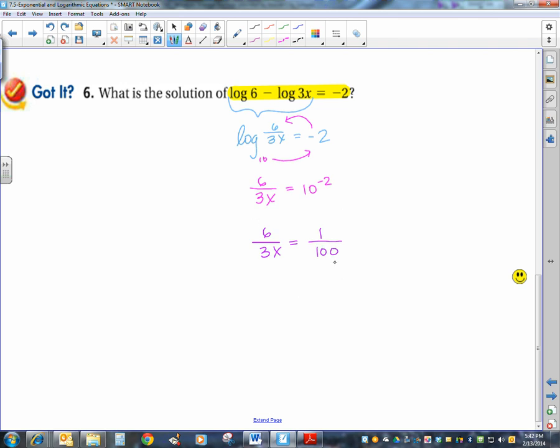So I have a proportion, I'm going to cross multiply, giving me 600 equals 3x, and divide both sides by 3, and we'll get an answer of x equals 200. Again, you can put it back in there and check it with your calculator if you want to know if you got it right. And that sums up exponential and logarithmic equations.